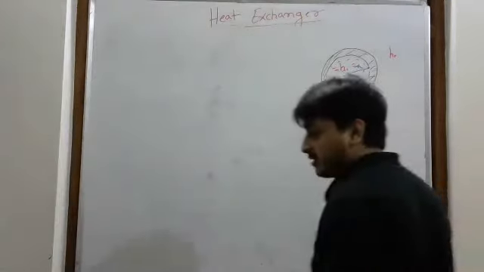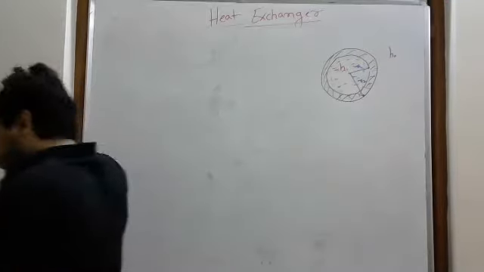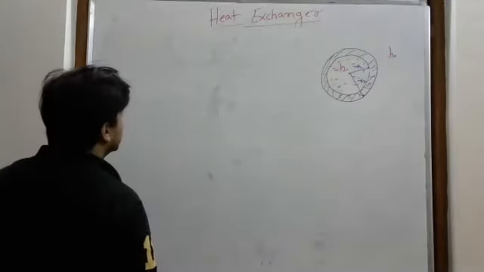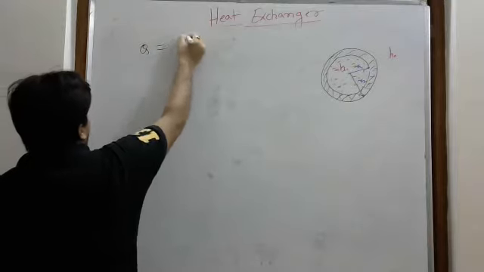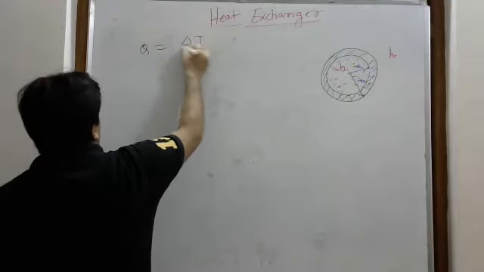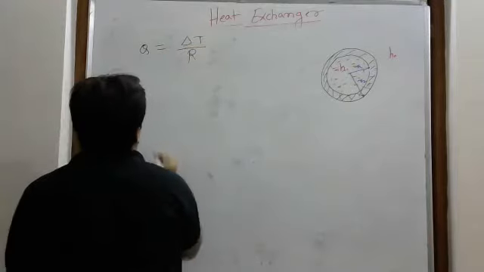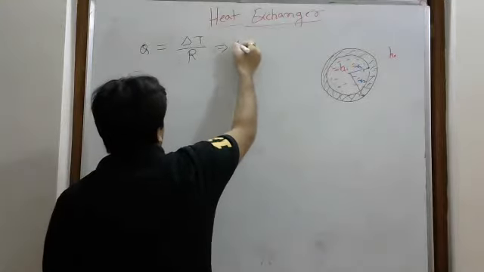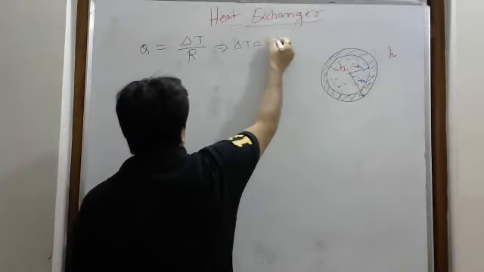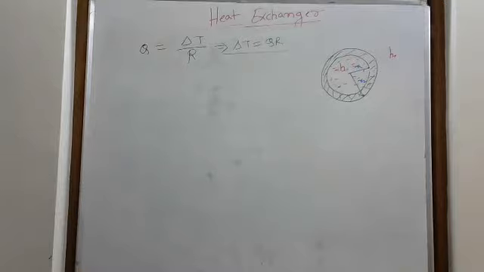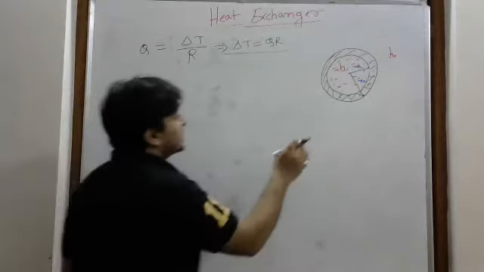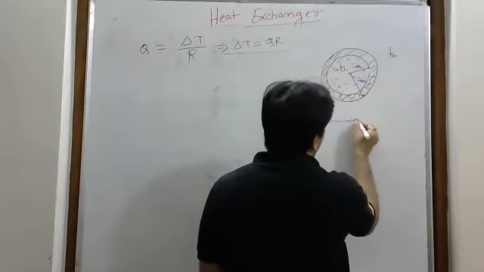Overall heat transfer coefficient. First, I can write Q equal to del T by R, so del T equals Q into R. Can I find the resistance due to this and make the circuit?